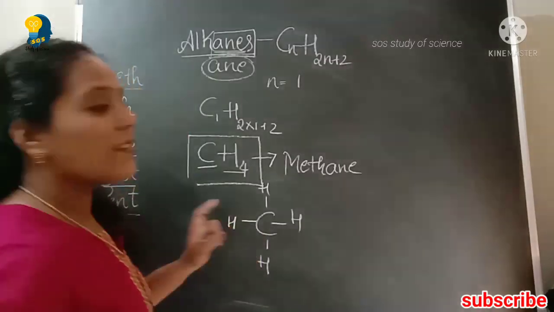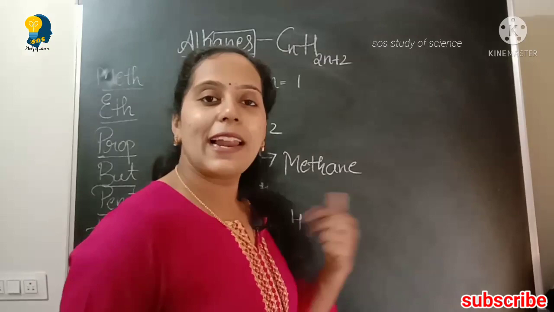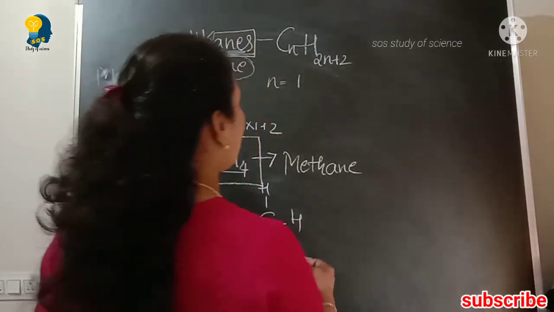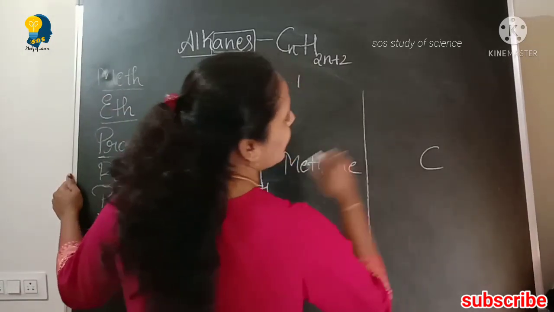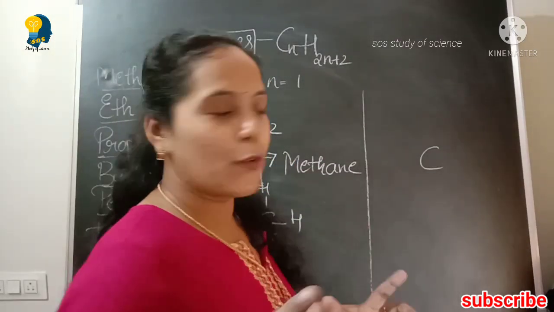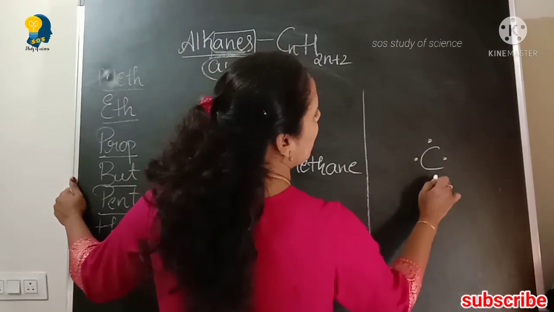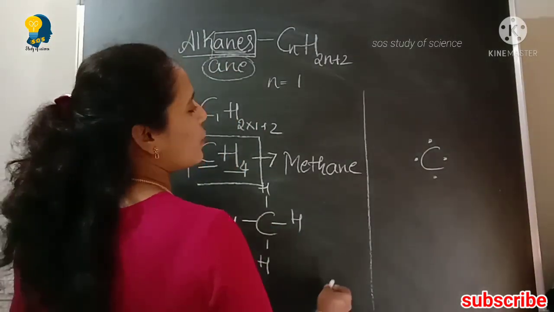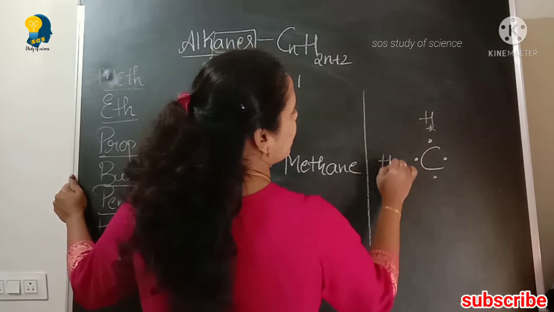Right. So this is how we write the structural formula for methane. So what about the electron dot structural formula? If we look at the electron dot, you have to write the valence electrons of carbon. That is, carbon has 4 valence electrons. And we also have to write the valence electrons of hydrogen. Hydrogen's valence electron is 1.